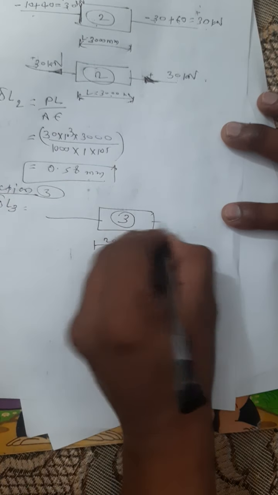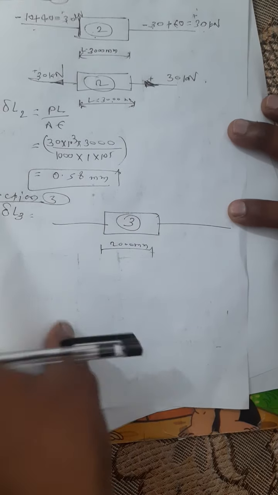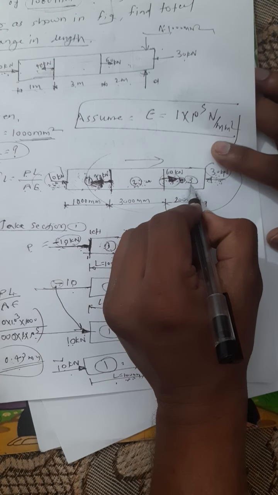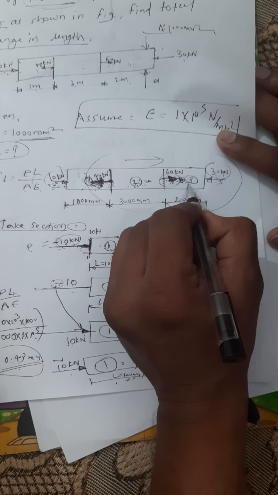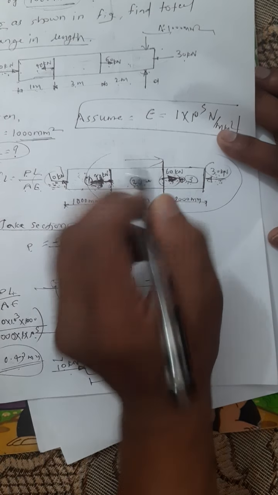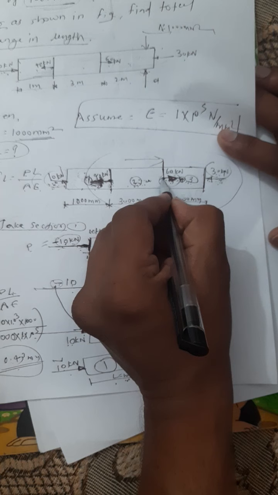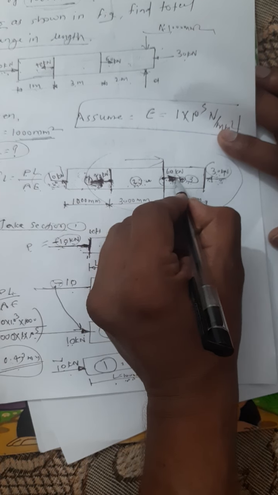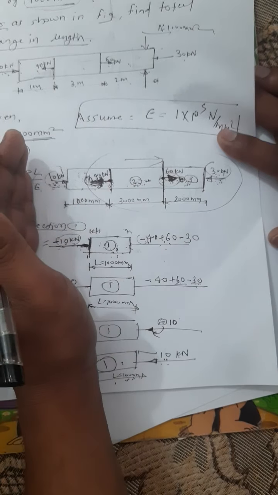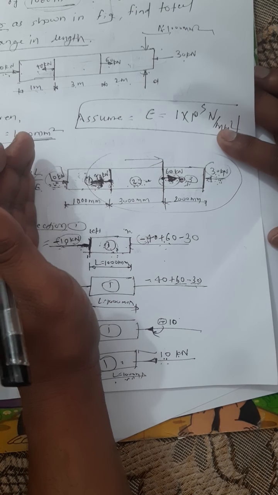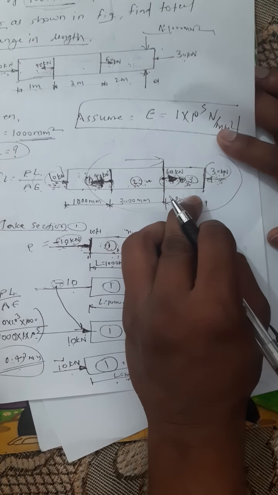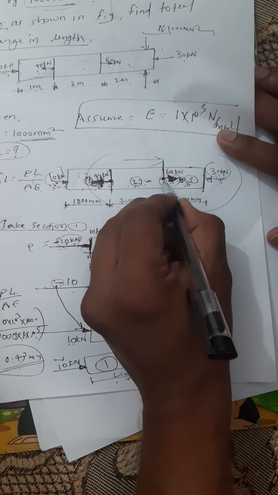So see, from the left and right side, how many forces are there? Just focus on section number 3. From the left side of section number 3 we have 3 forces. The first force, exactly on this one, is pushing this section number 3 from the left side.